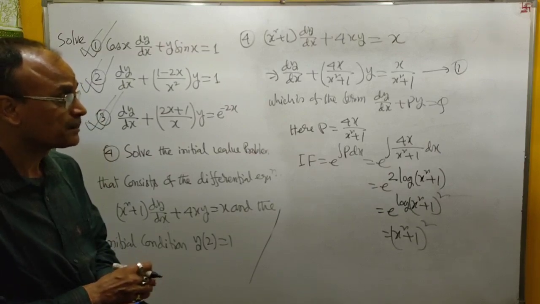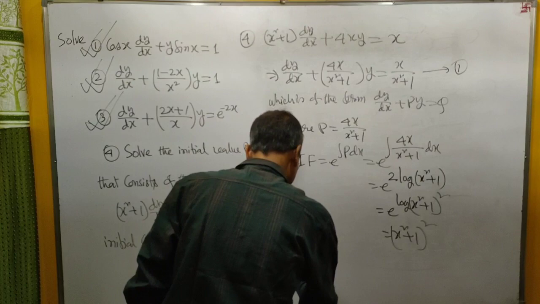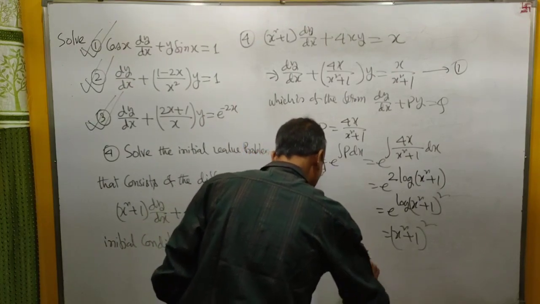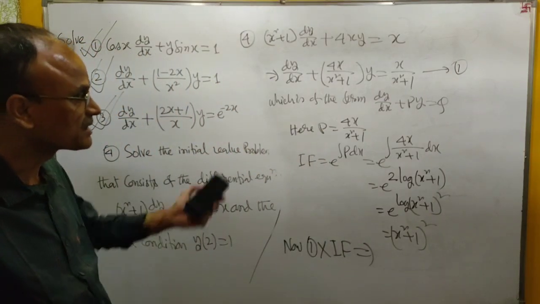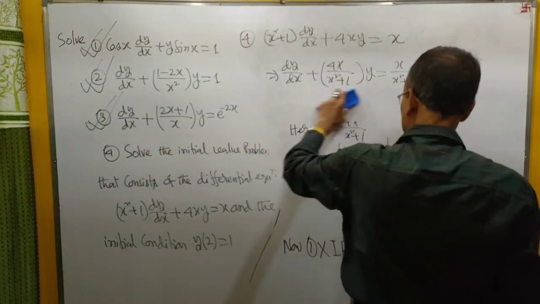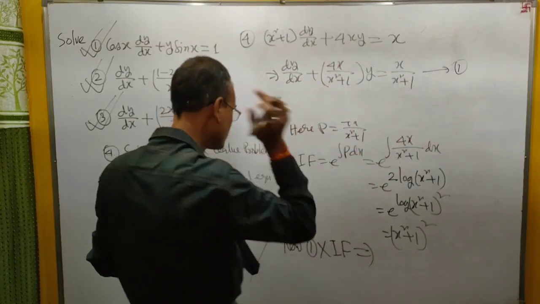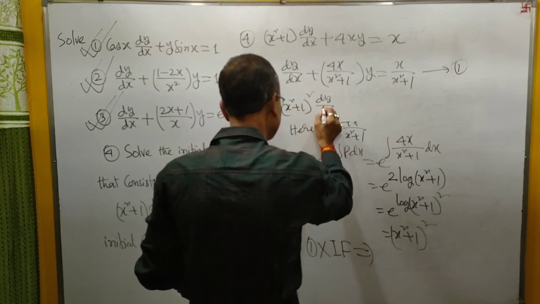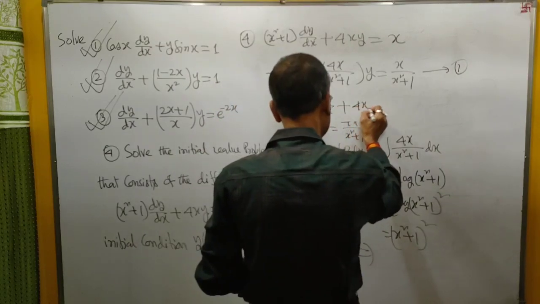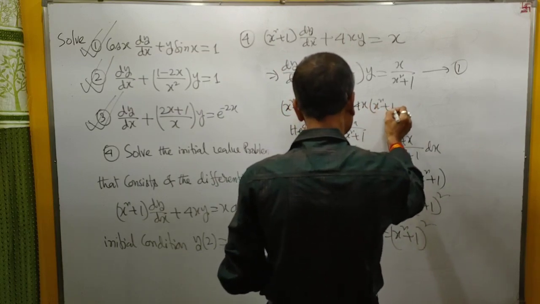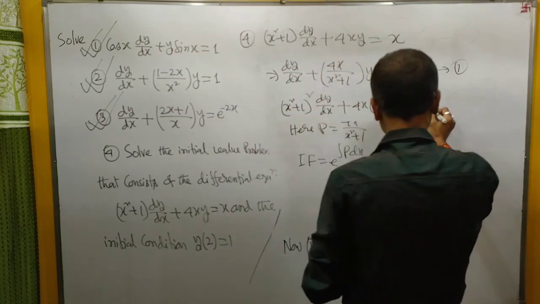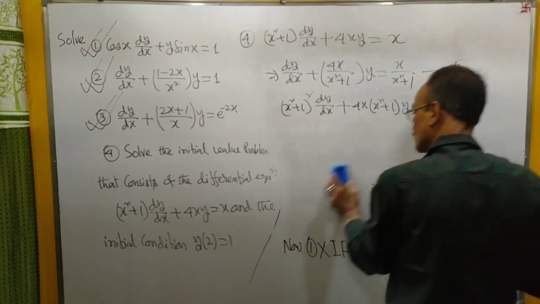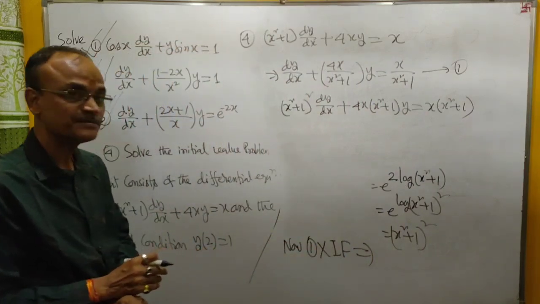Now multiply 1 by the integrating factor. We get x square plus 1 whole square dy by dx plus 4x times x square plus 1 times y equal to x times x square plus 1.